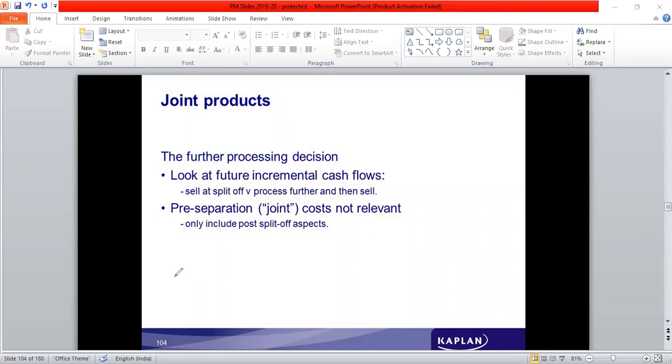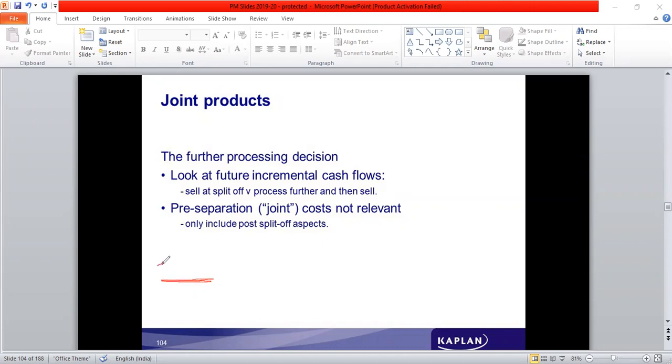See, when multiple products are produced in the factory, some of the products in the initial stages require the same production process. So all of them go through the same production process. Initially, let's say that there are three products. All three of them go through the same production process, and the costs which are incurred are jointly incurred.